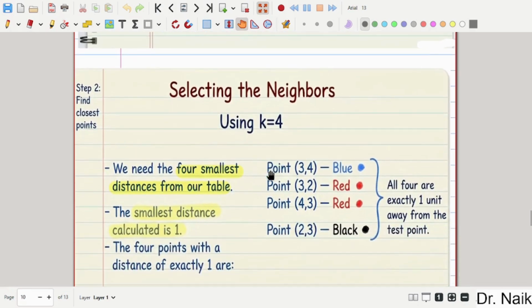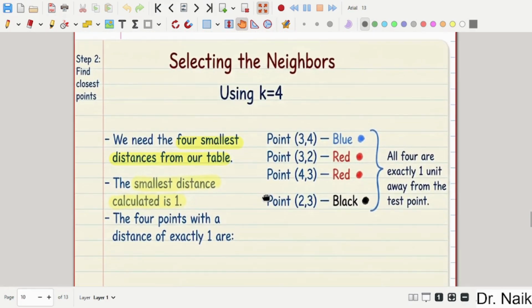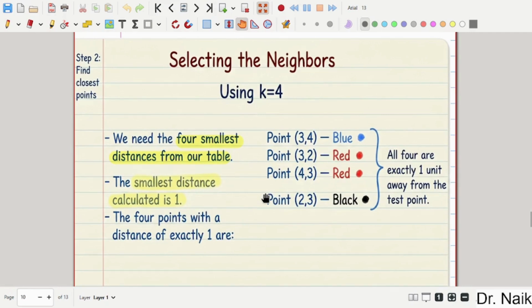So we will use k equal to 4 as it is given in our example. So we need to find the 4 smallest distances from our table, and the smallest distance we just saw is 1.